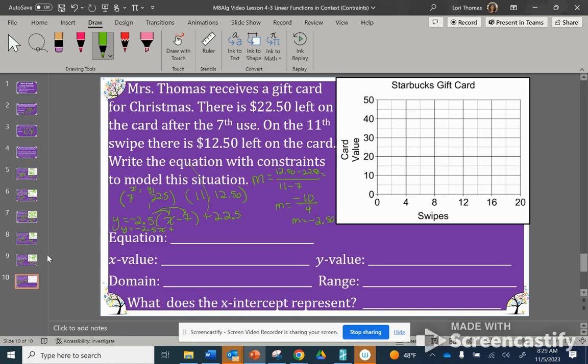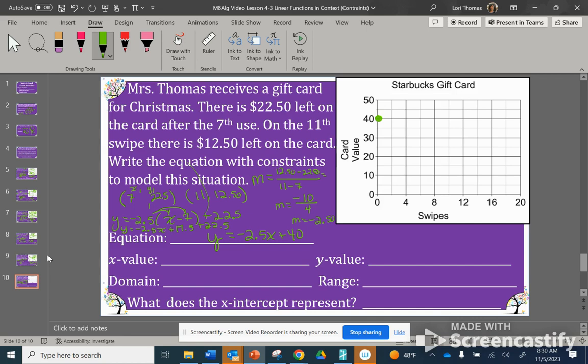That gives us positive 17.50 plus the 22.50. So we're going to combine the constants. And we can see that the initial amount on the card was $40. So it was a $40 gift card.